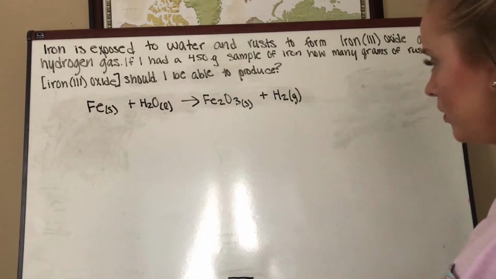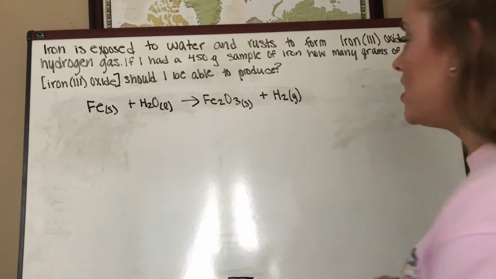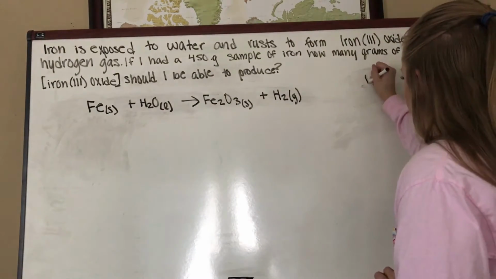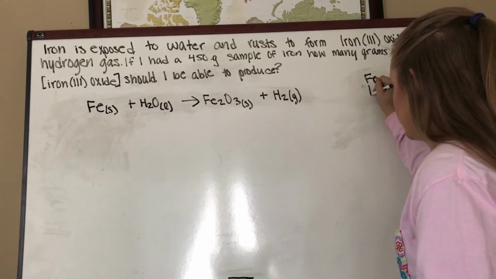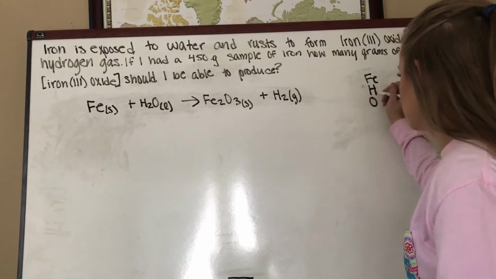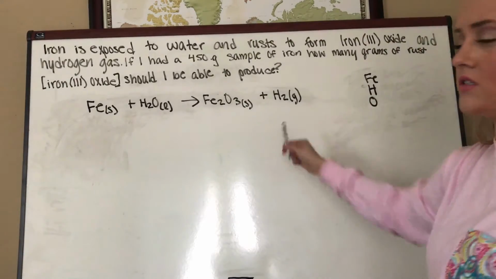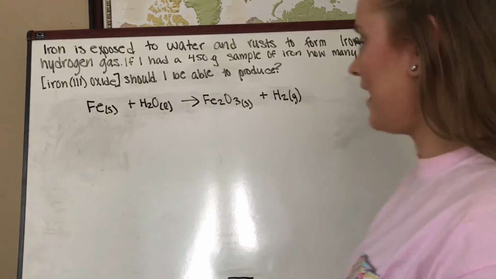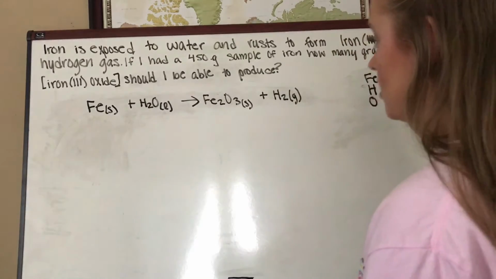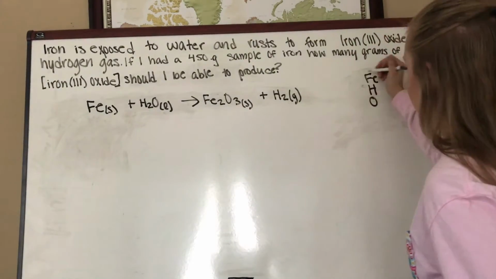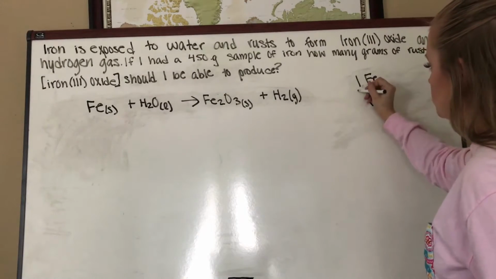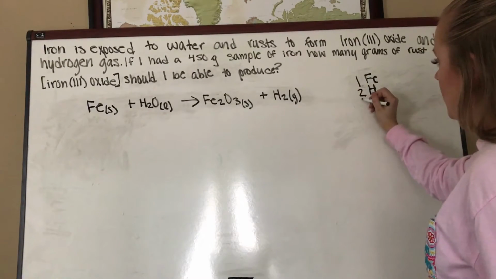Now, what we want to do is balance the equation, and to do so, we're going to balance each element on the side of reactants and on the side of products. First, we count how many we have on each side. On the left side, our reactants, we have 1 iron, 2 hydrogens, and 1 oxygen.